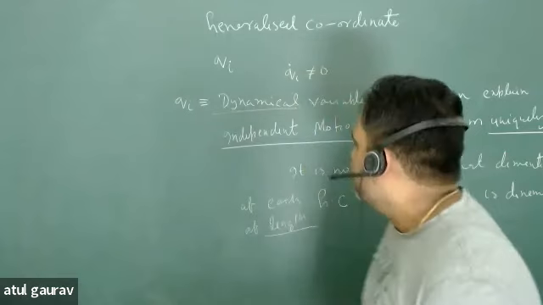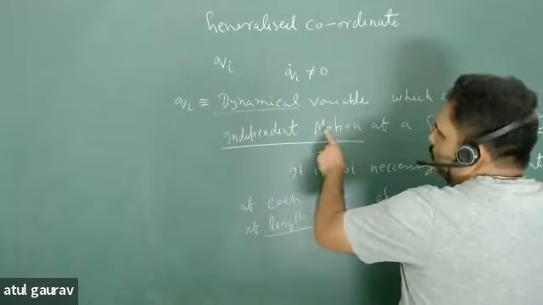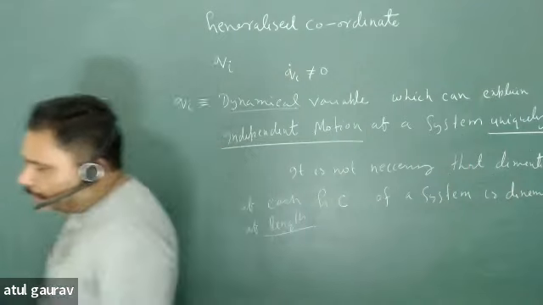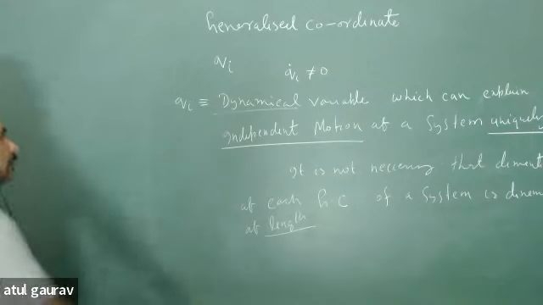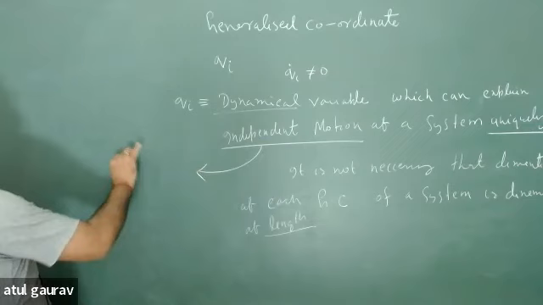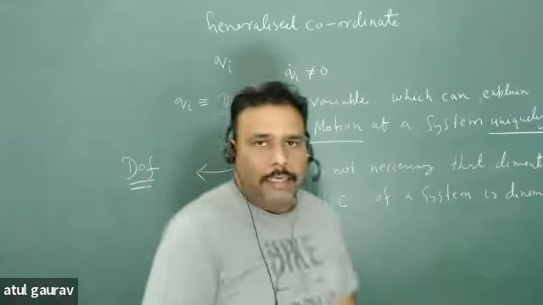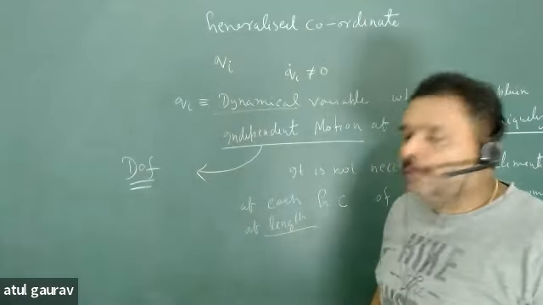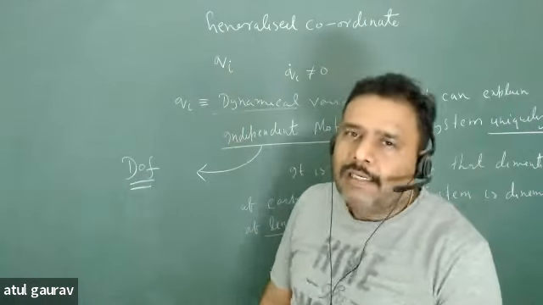So what is associated with the independent motion? Degree of freedom, exactly. If I am talking about independent motion, I am talking about degree of freedom. So what you have to always do is a very nice litmus test.